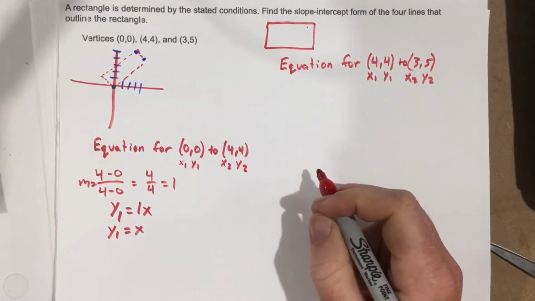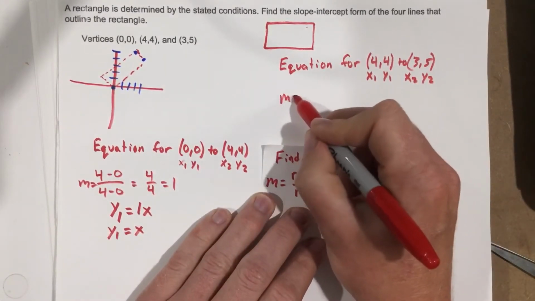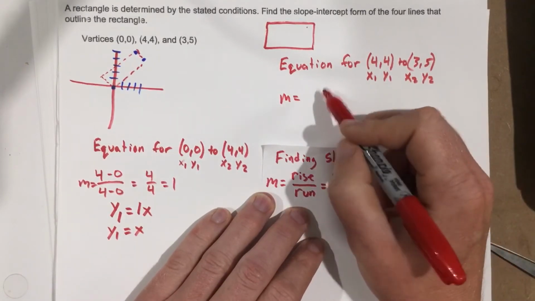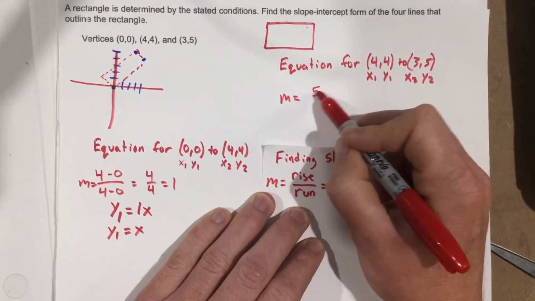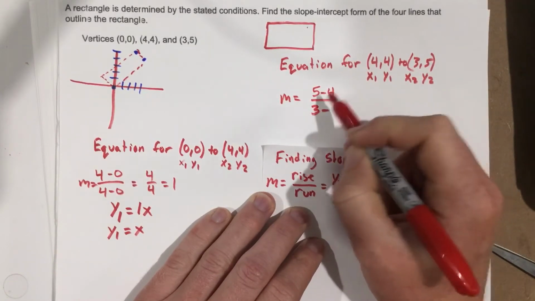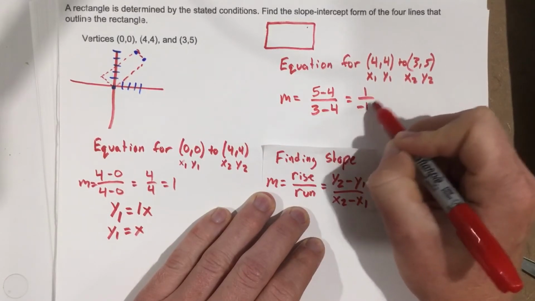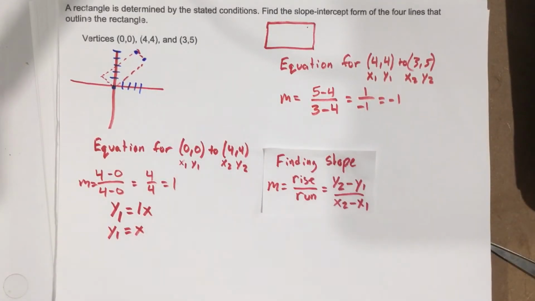Again, we're going to use our slope to start this out. So m equals 5 minus 4 over 3 minus 4. So it's 1 over negative 1, which is negative 1. So our slope there is negative 1.